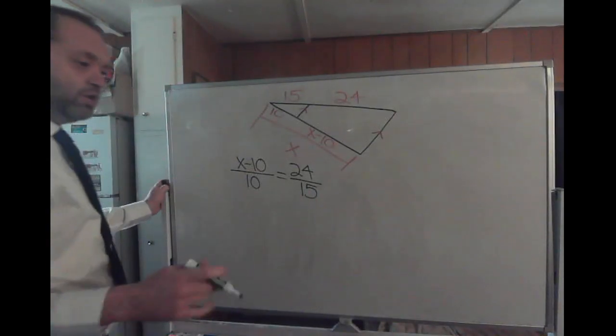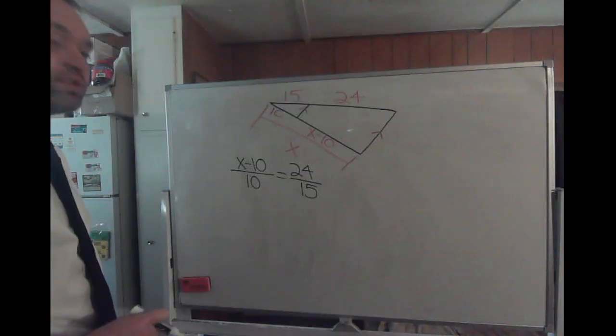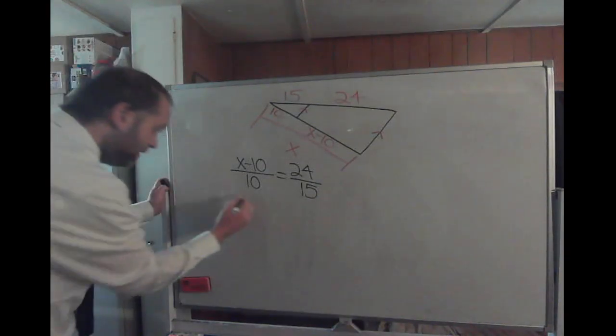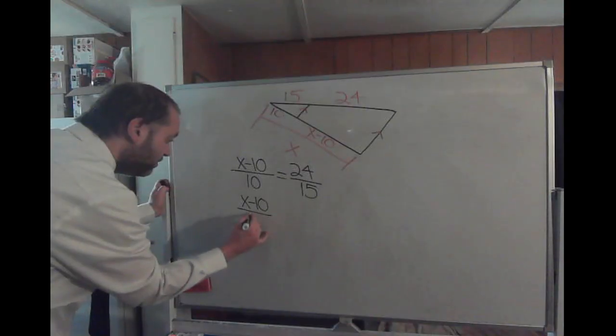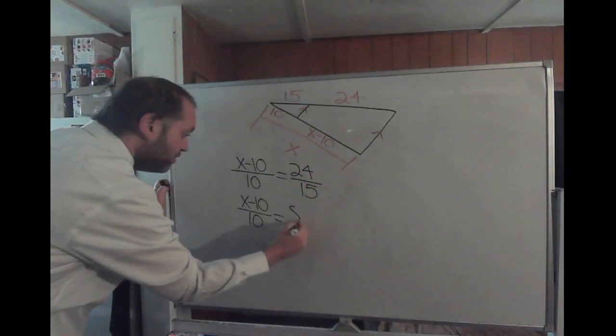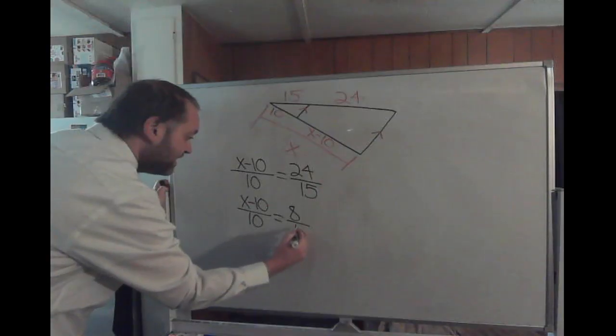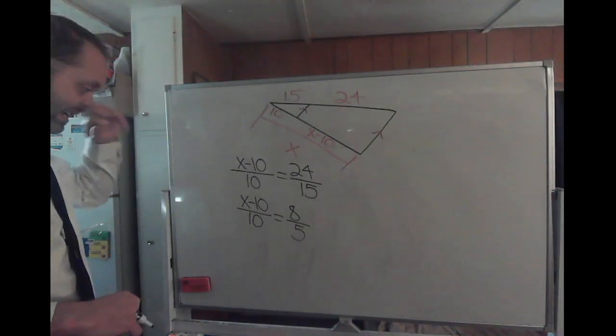Well, before we go any further, can't 24 over 15 simplify further? They both have a common factor of 3, which will end up giving you x minus 10 over 10 equal to 8 over 5. I think 8 over 5 is much easier to work with than 24 over 15.